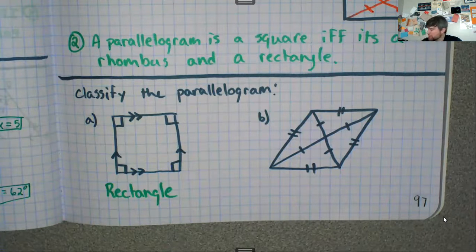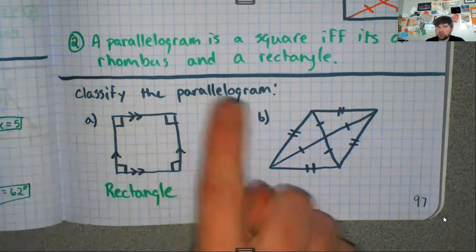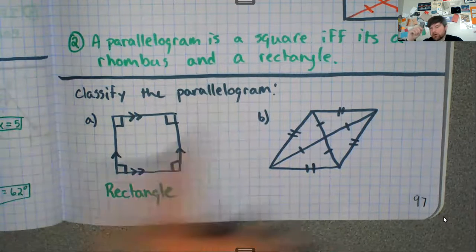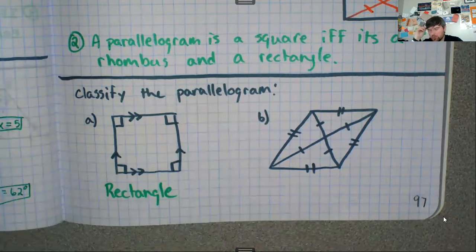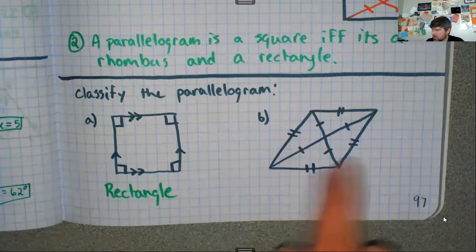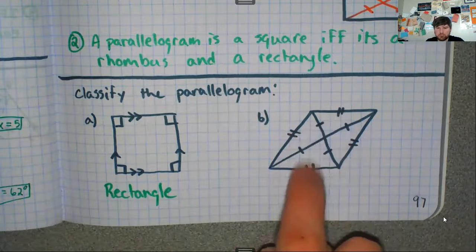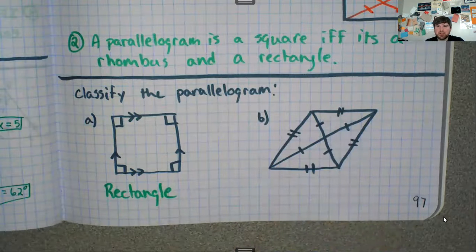Okay. All right. So here again, we have a parallelogram. So if we have a parallelogram, we either have a rhombus, a rectangle, or a square. Okay, one of those 3. Now with a rhombus, all sides are going to be the same. So I got all sides are the same. But it could also be a square because a square has all sides the same.